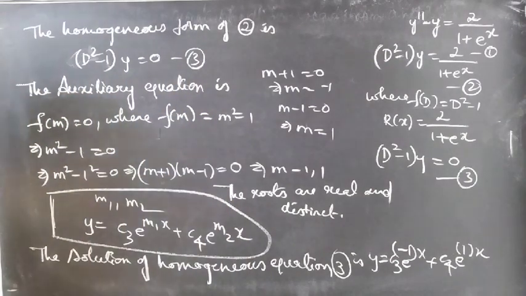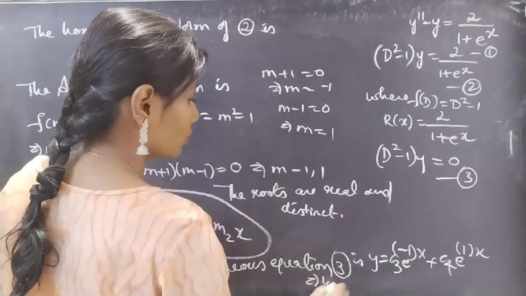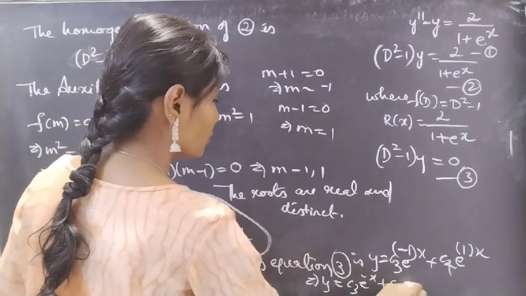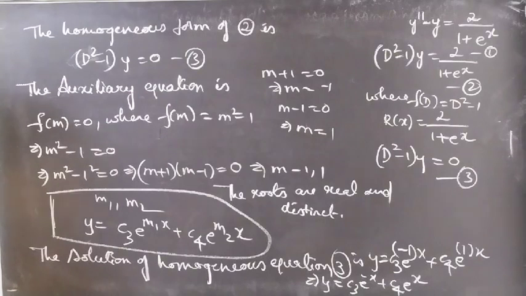Right? Then y equal to c3 into e power minus x plus c4 into e power x. Here we have used c3, c4 instead of c1 and c2 because we want c1 and c2 to appear in the last general solution. Okay.